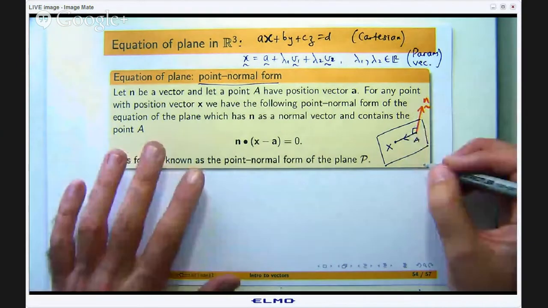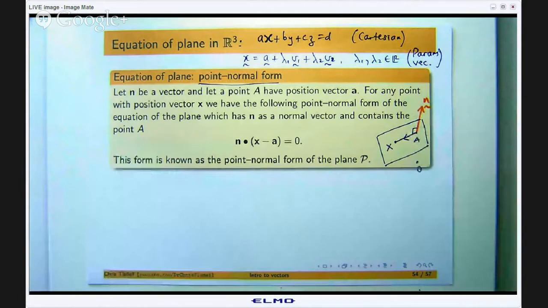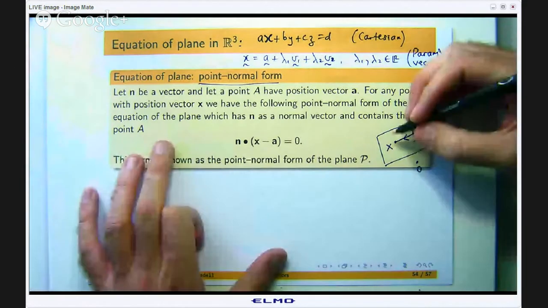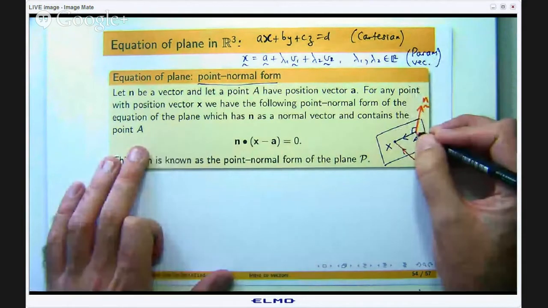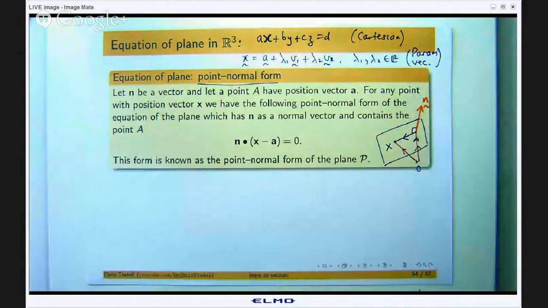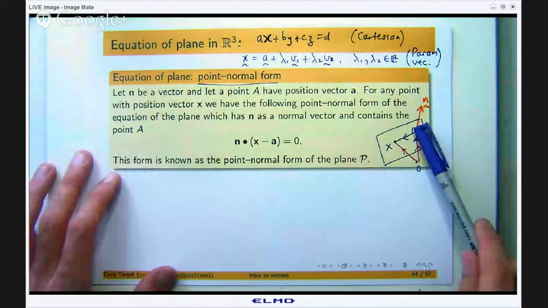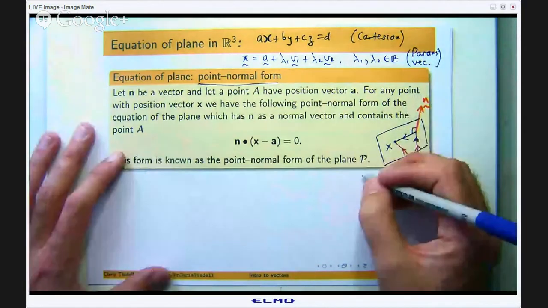Okay, so if I just sort of draw in an origin here, then really this is the position vector of x, and this is the position vector of A. So the vector AX is pretty easy to calculate, okay?